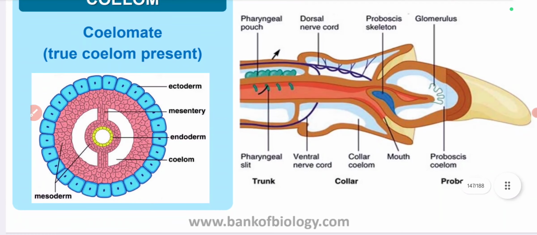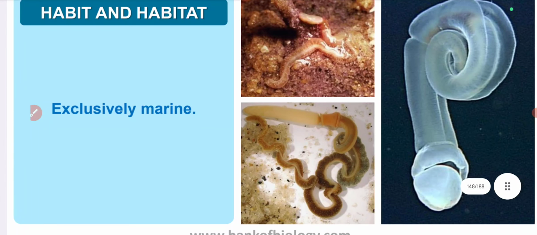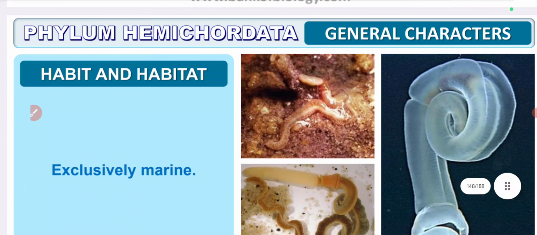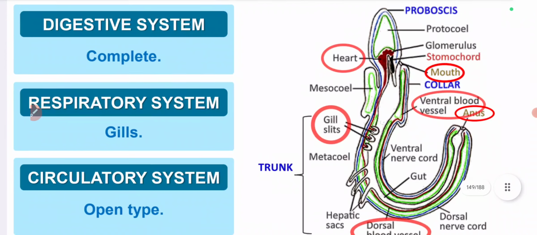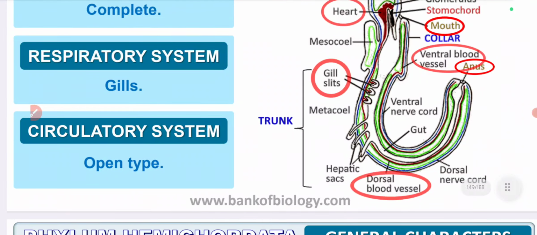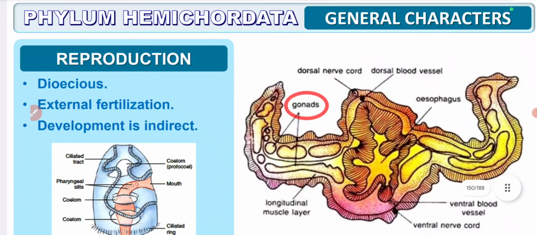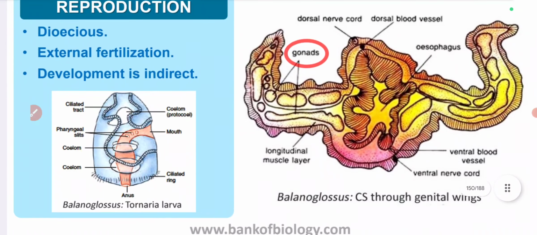Here you can see coeloms are present in the body parts. Habitat: exclusively marine, these are also exclusively marine. Complete digestive system, respiration by gills, circulation open type. Reproduction dioecious, external fertilization, development is indirect.